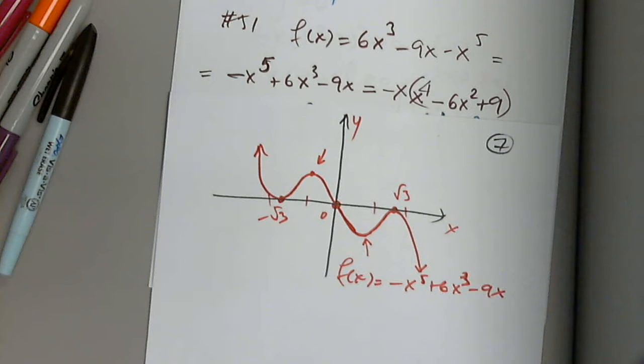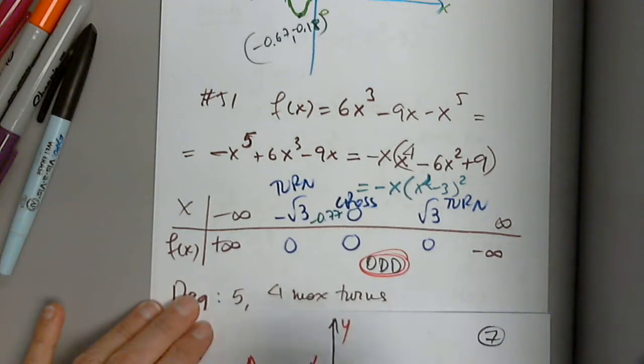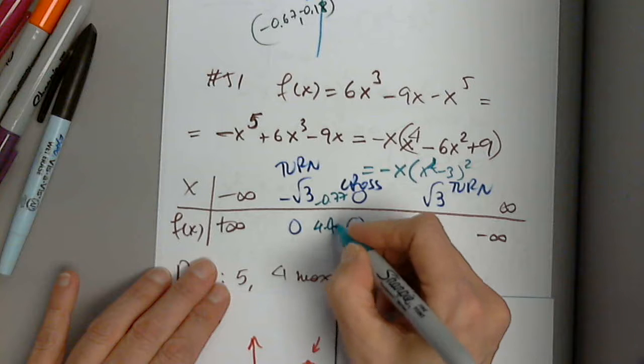So let's determine this between negative the square root of 3 and 0. With the maximum, second calc, we determine a maximum, which is 4, between negative the square root of 3 and 0. Just give me the maximum. And the maximum is negative 0.77, 4.46. Go back to the chart and put in my table negative 0.77 and the maximum of 4.46.